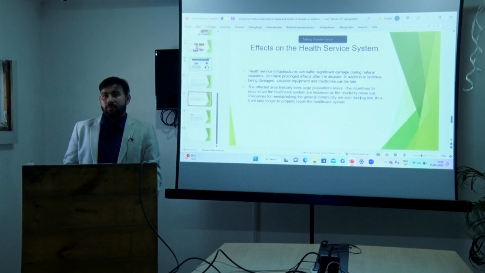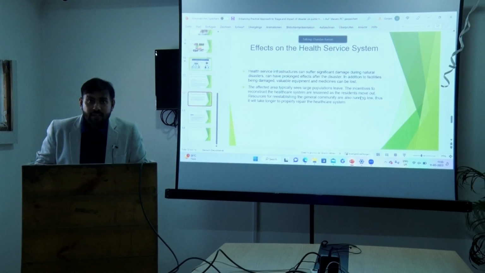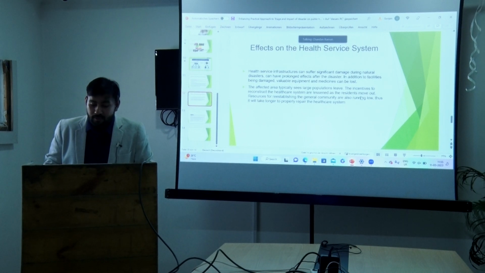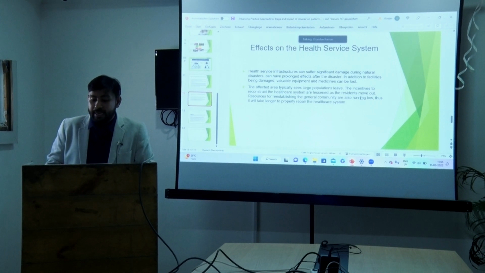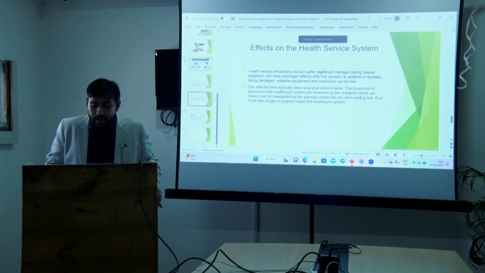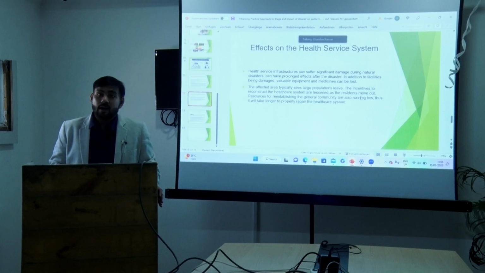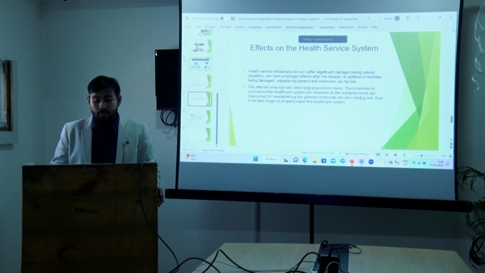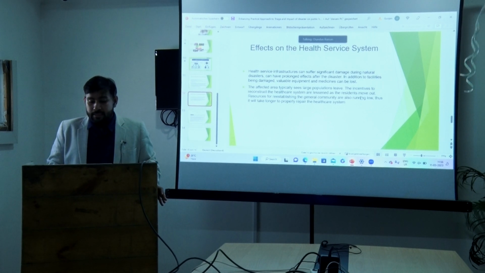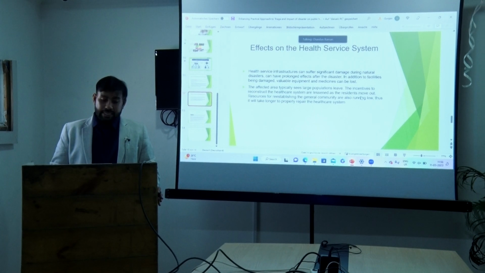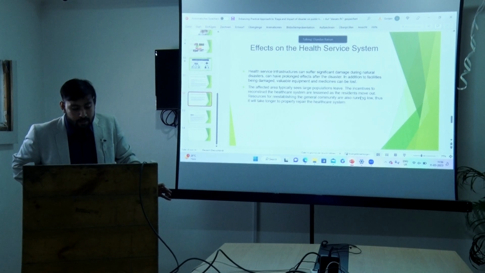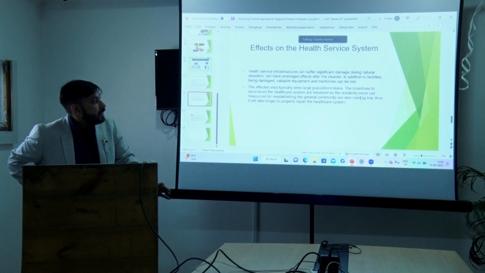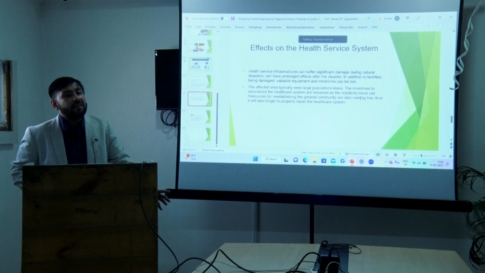When calamities and natural disasters happen, there's an effect on the health service system. Health service infrastructure can suffer significant damage during natural disasters, with a prolonged effect after the disaster. In addition to facilities being damaged, valuable equipment and medicine can also be lost. In affected areas, a large population typically leaves, as we have talked about.